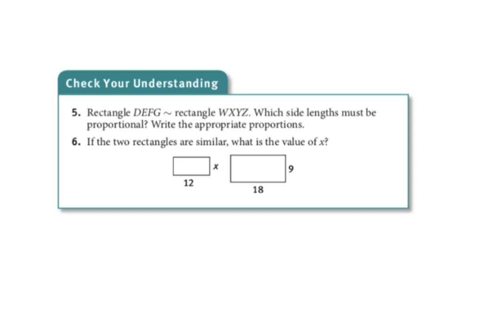I have rectangle DEFG similar to rectangle WXYZ. And it asks which sides must be proportional. Write the appropriate proportion. So that would mean DE would correspond to WX, my first two letters over my first two letters.